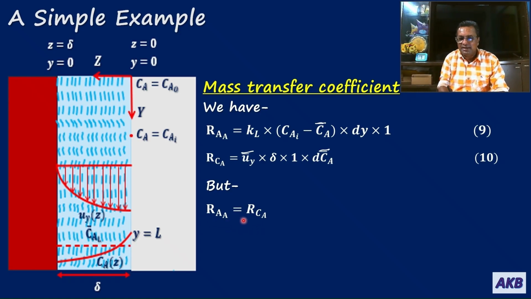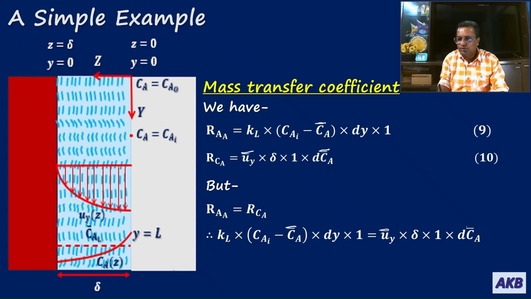So RAA is equal to RCA, that is KL into CAI minus CA bar into dy into 1 is equal to Uy bar into delta into 1 into dCA bar.